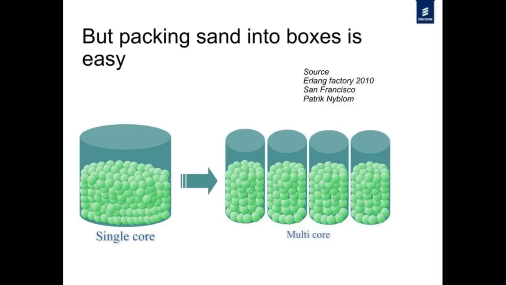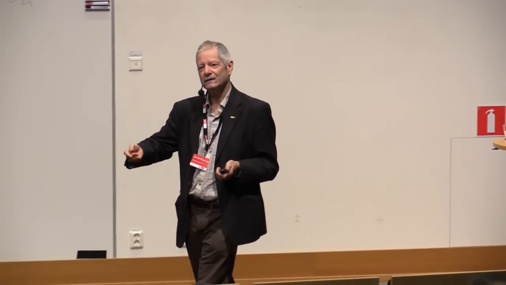Packing huge big rocks into containers is very, very difficult. But pouring sand into containers is really easy. So if you think of processes like little grains of sand, and you think of processors like big barrels that you have to fill up, then filling your barrels up with sand, you can pack them very nicely. You just pour them in, and it'll all work. Filling them with huge big rocks isn't going to work.